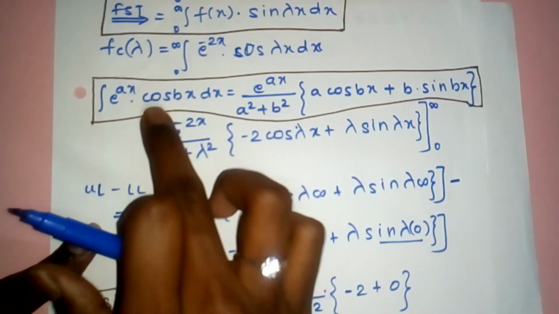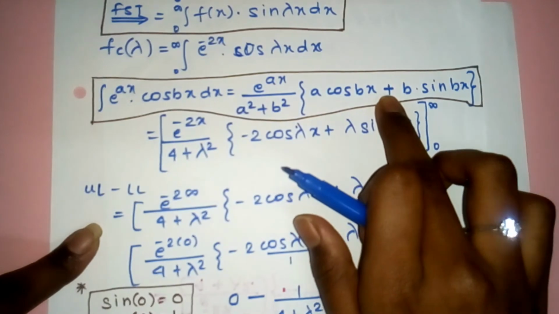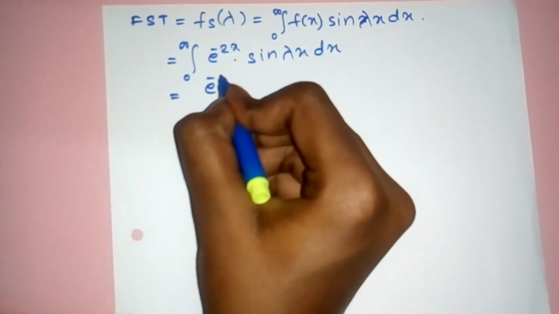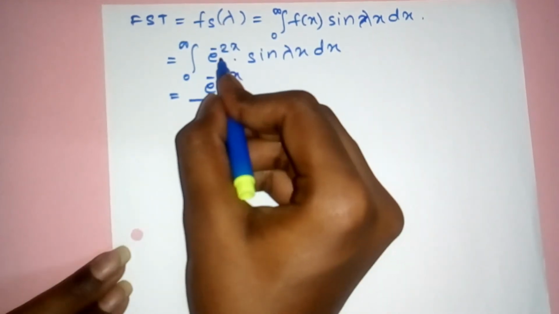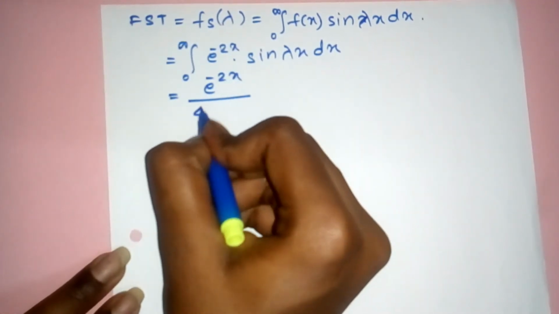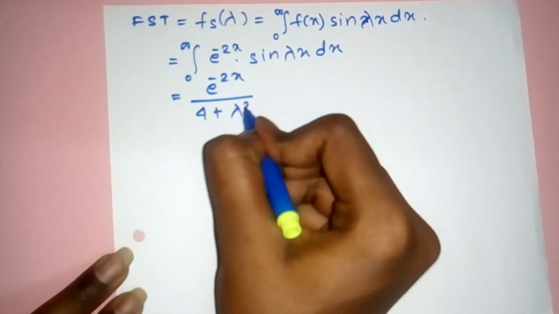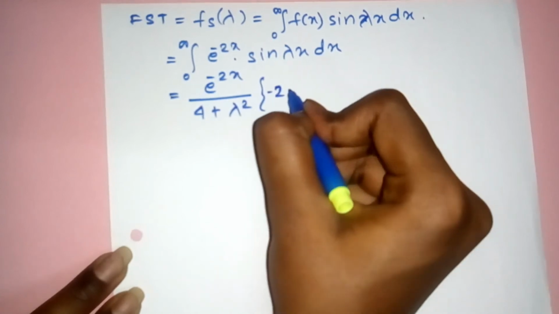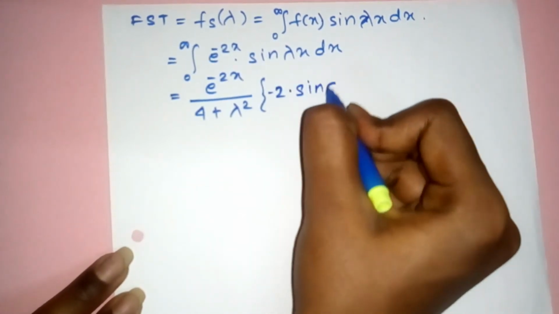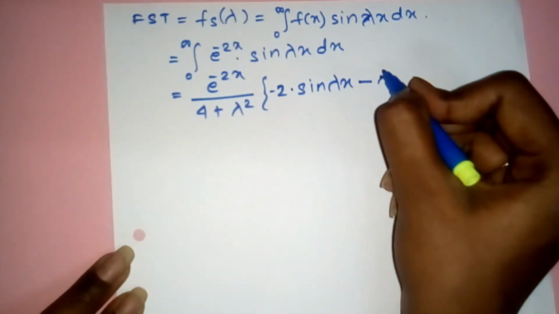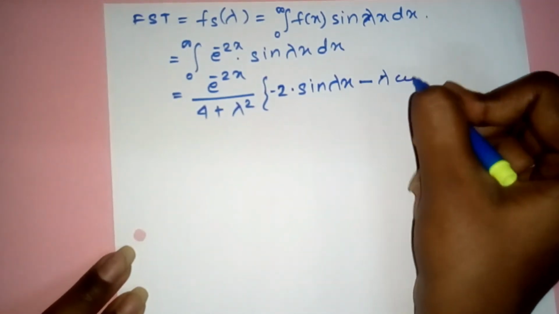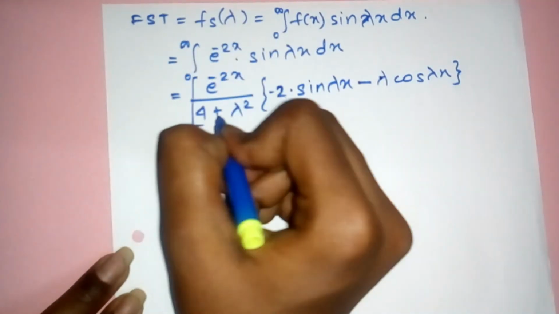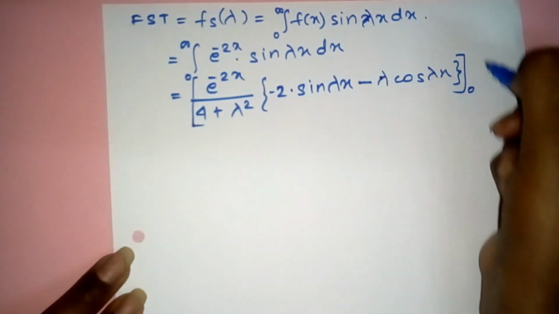Now we will put sine over here, so this plus will become minus. So the formula will be e raised to minus 2x upon a square plus b square, that is 4 plus lambda square, into, we have a, that is minus 2, into sine lambda x, minus lambda into cos lambda x. Then we take the limits as 0 to infinity.